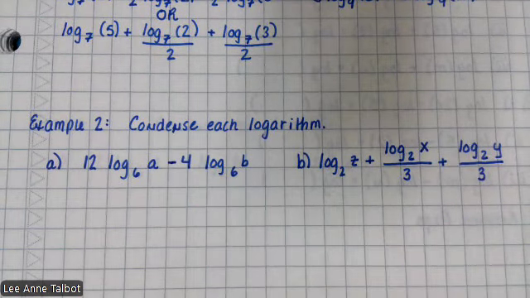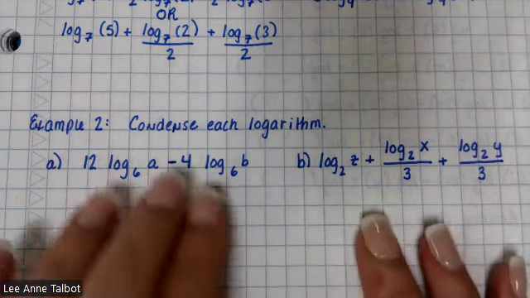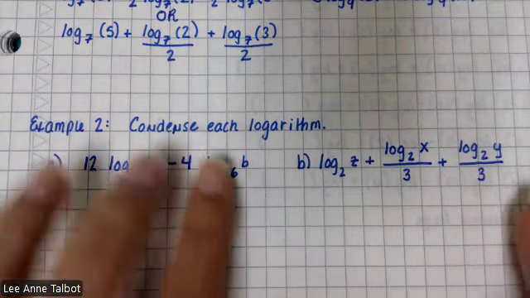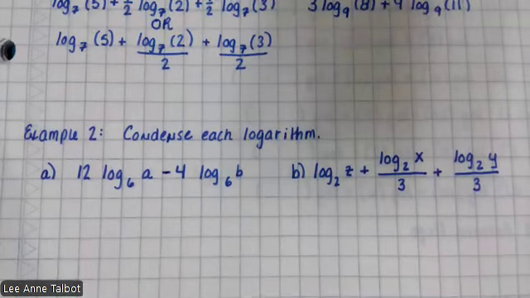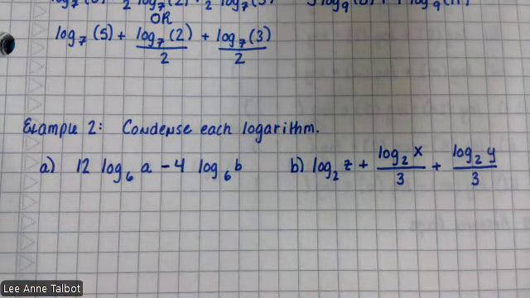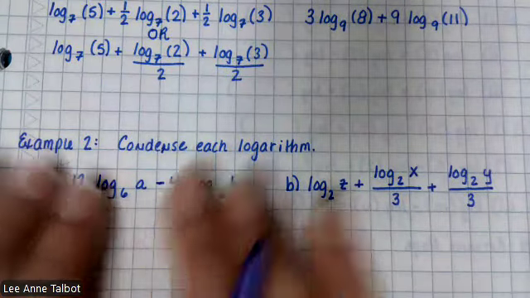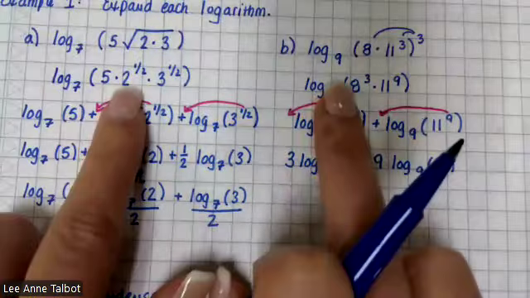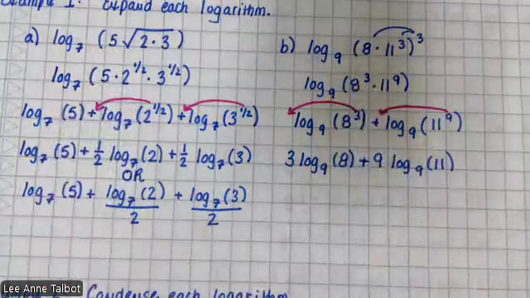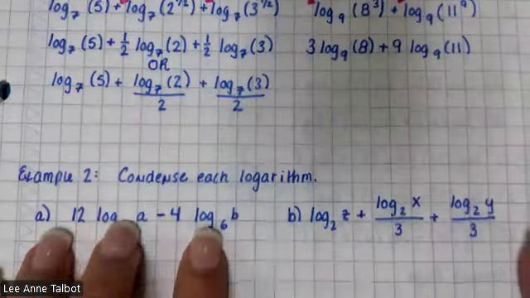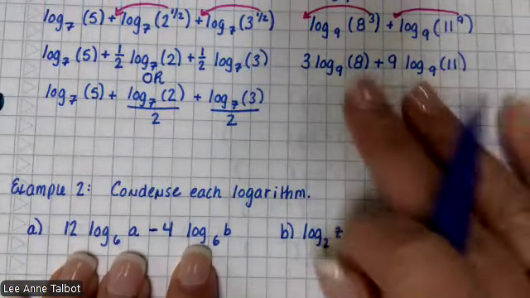Okay, all right, you guys, let's finish this. So these say condense. Condense means you're going to do the opposite of what we did before. These are like the answers of these, and we're going to take them and put them back to this. I'm going to use my previous problems to help me.